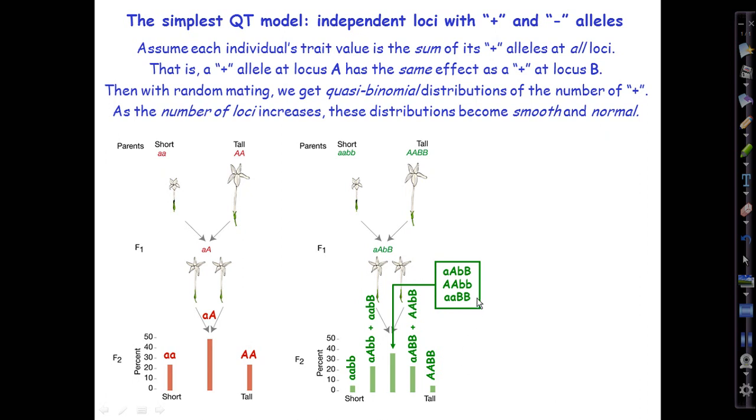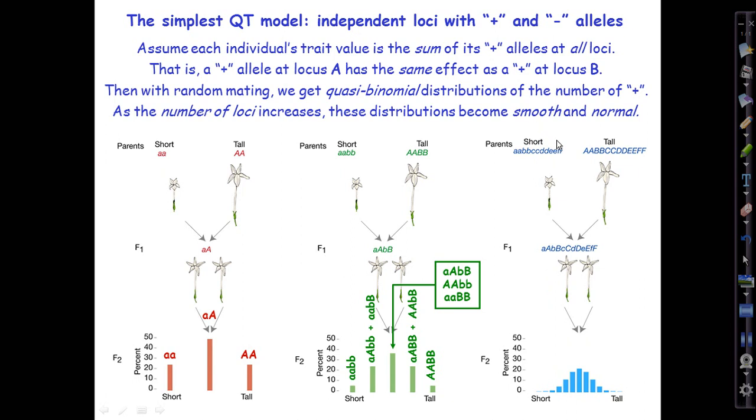And there are actually 3 ways of having 2 and 2 capital letters and lowercase letters. They all amount to the same genetic effect on the phenotype, and so those individuals make the mode in the middle of the distribution, which is close to its mean.